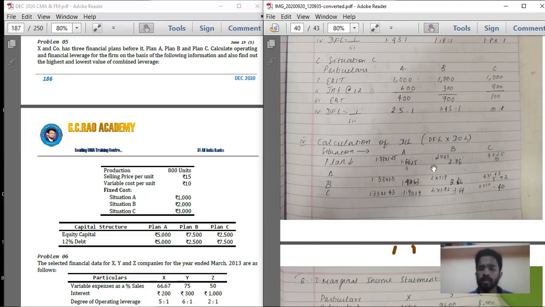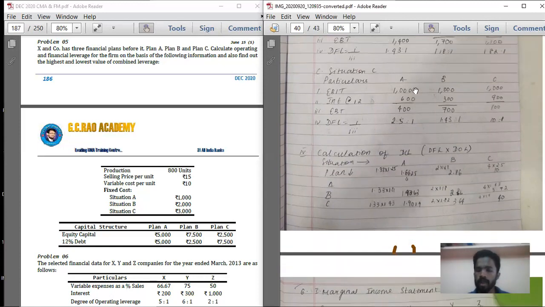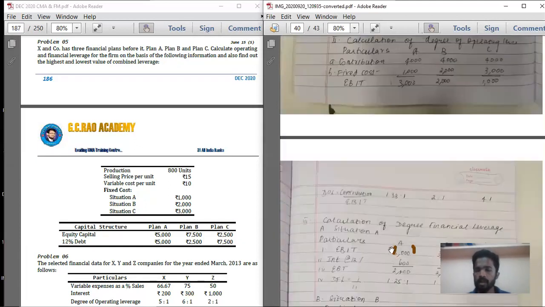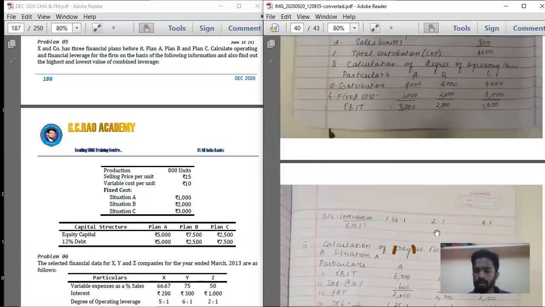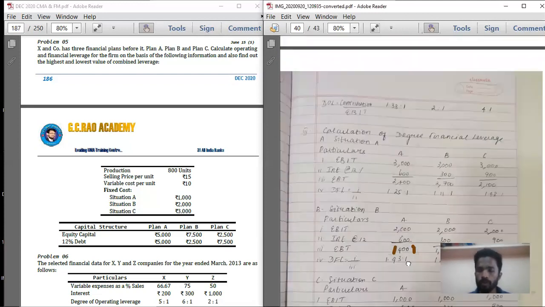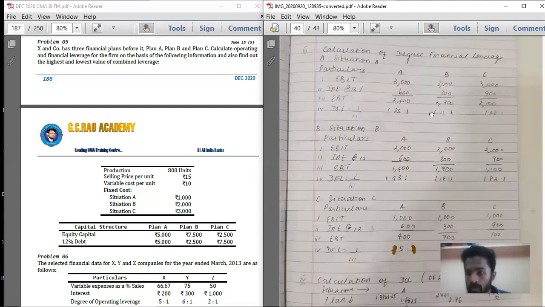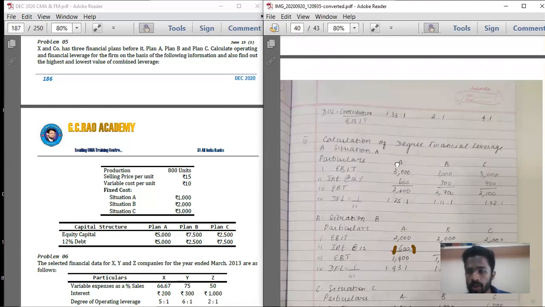So we'll do the next one. Under situation B, plan A, what is DOL and DFL? Situation B and plan A, 1.43 is the DFL. And in situation B, what is the DOL?